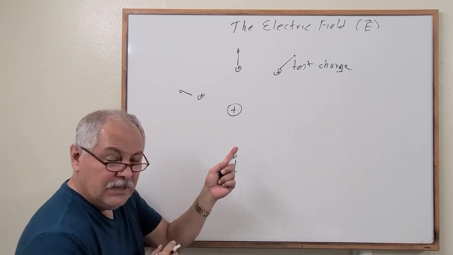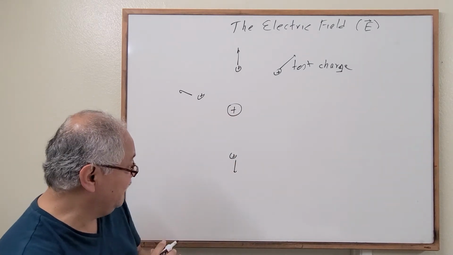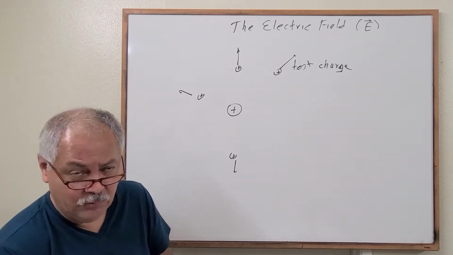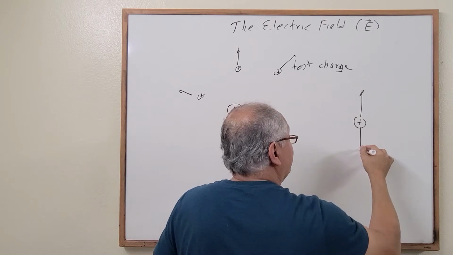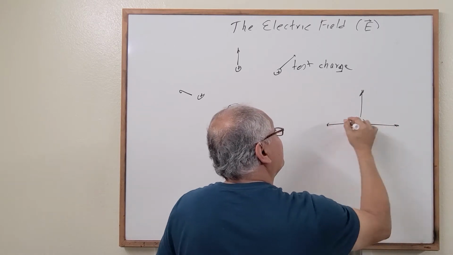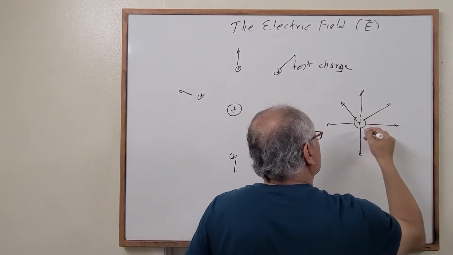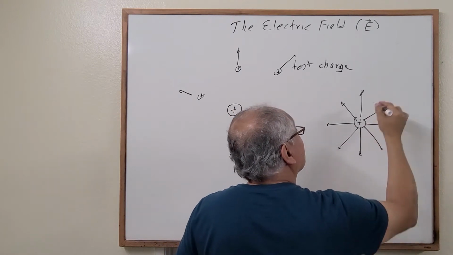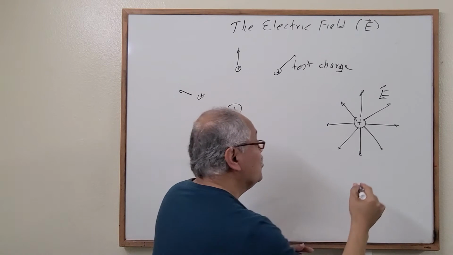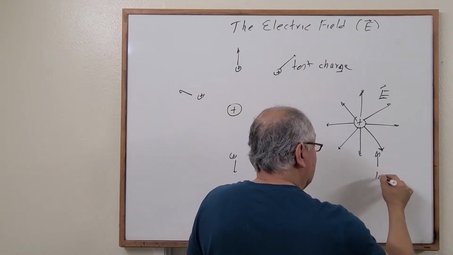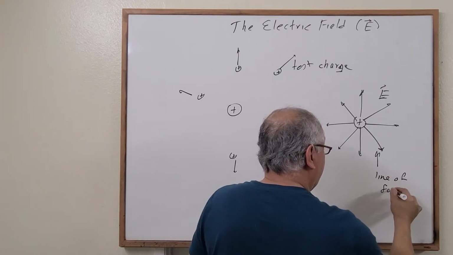So how does the electric field of this positive charge look? Well, in this way. A positive charge has an electric field that goes out from this charge, correct? And this is the electric field. These lines are also called lines of force.